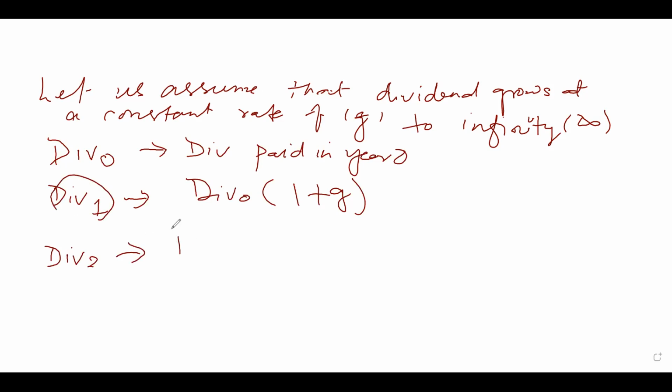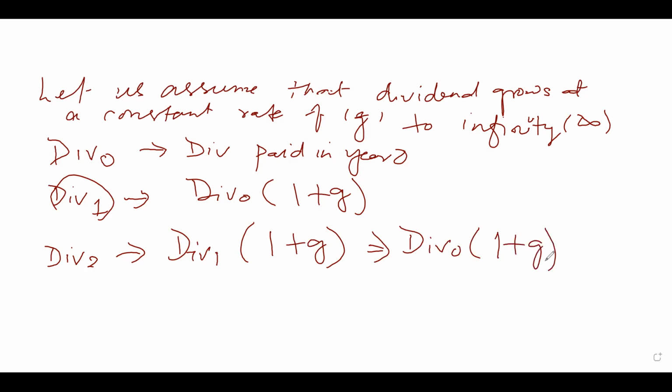Now this becomes Div 1, growing for 1 year, which is the same as Div 0 growing for 2 years. And this way it continues. We can extend it for n number of years.